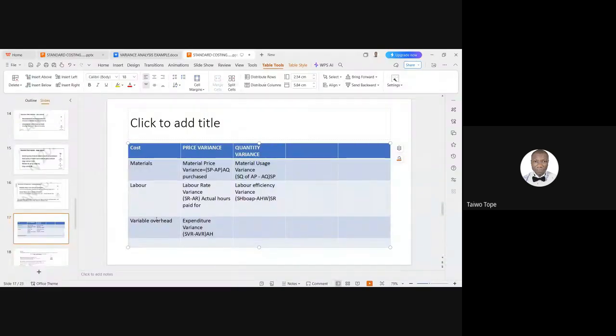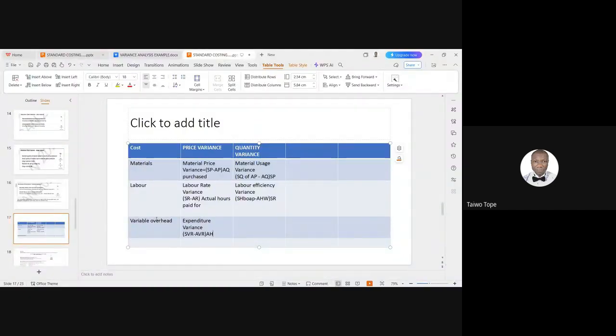The component of variable overhead in the question, you will see it. Variable manufacturing overhead is this: 4 hours by 5 naira per hour. If you check the question I forwarded, you see such. So you see the components.